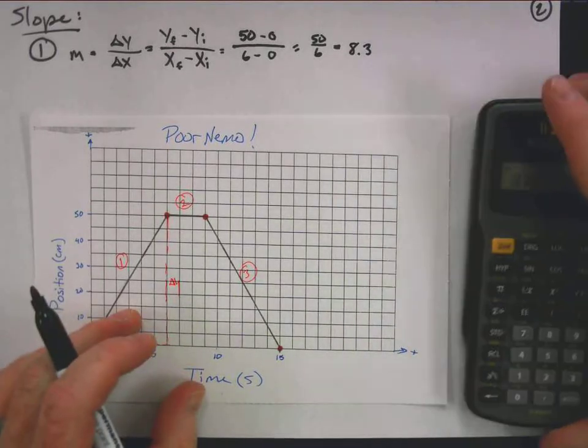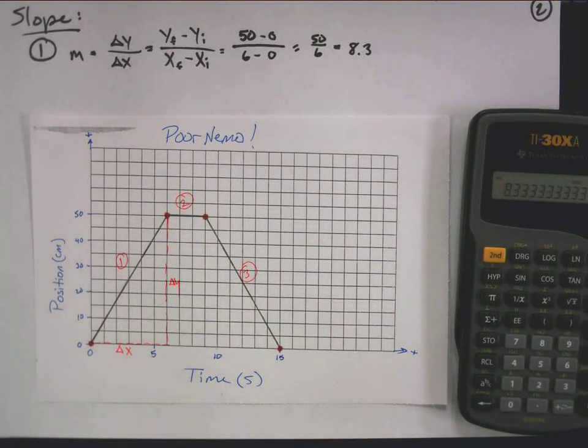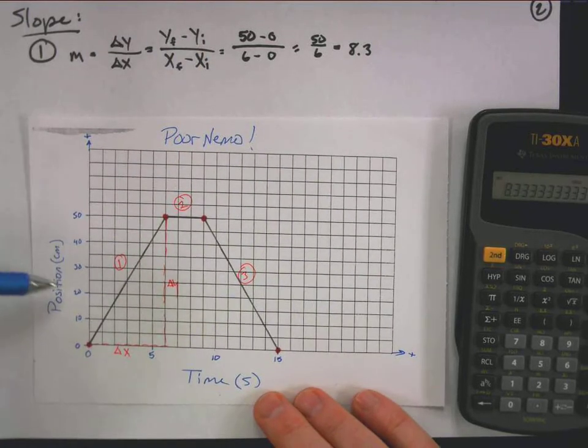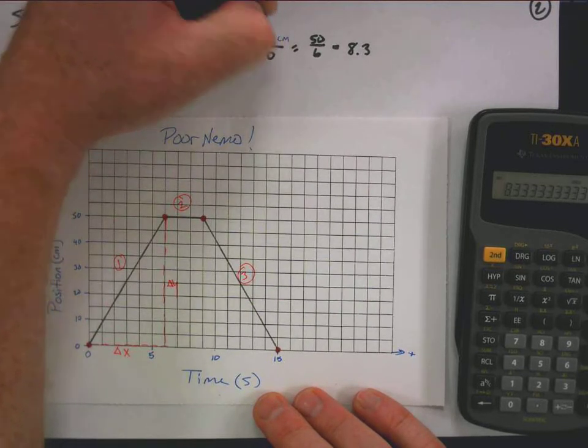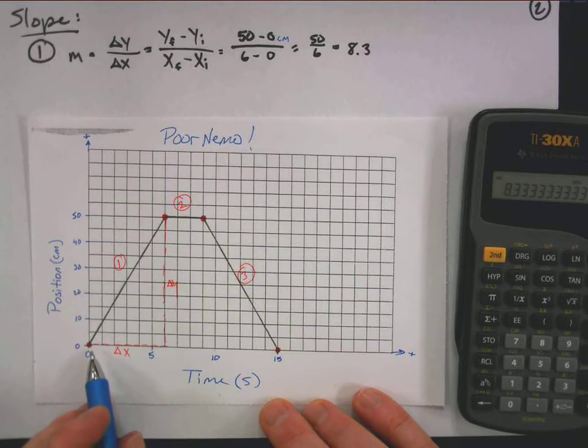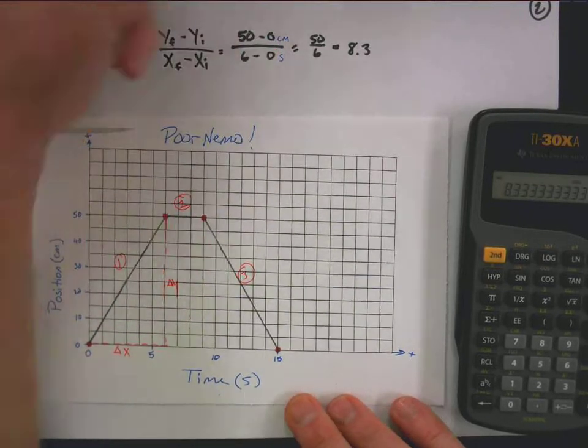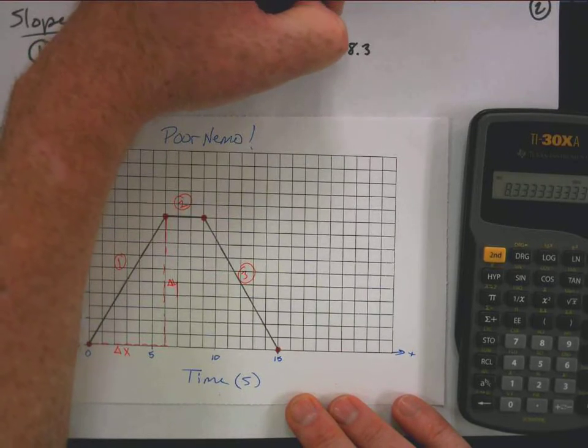Awesome. What the heck though? So this is kind of important. The y values have units to them. If this is the y-axis on my graph, the units on that axis are centimeters. So I need to actually have that in there. How about the x values? Well, the units on the x-axis are seconds. So 50 centimeters divided by 6 seconds.